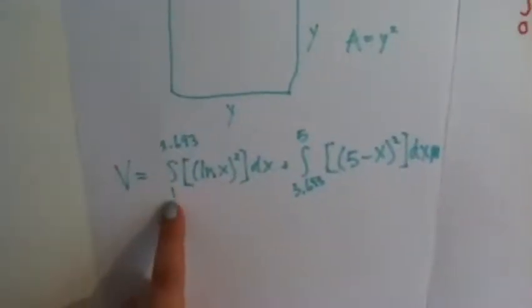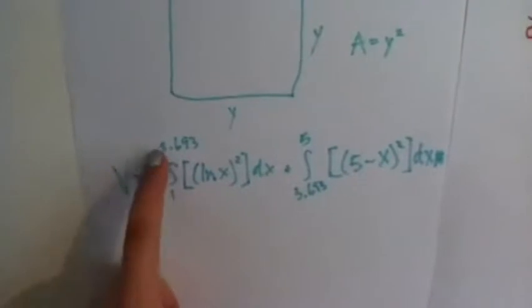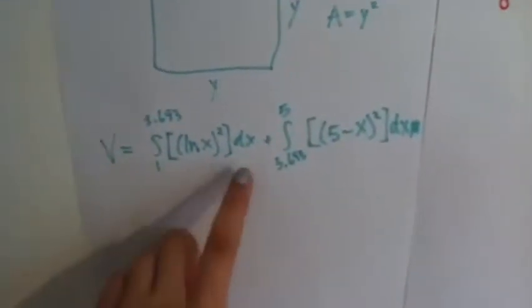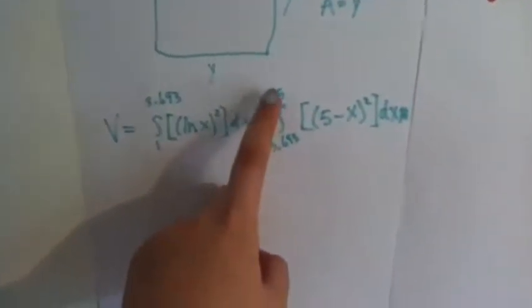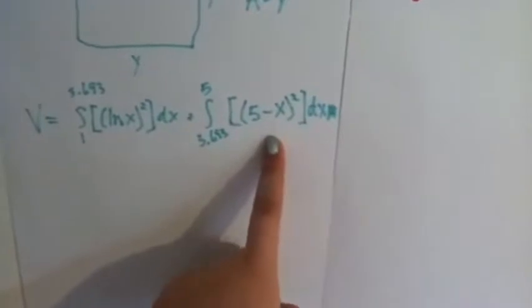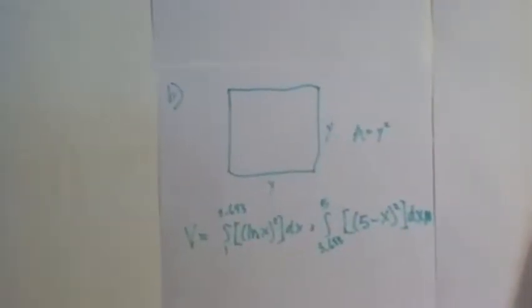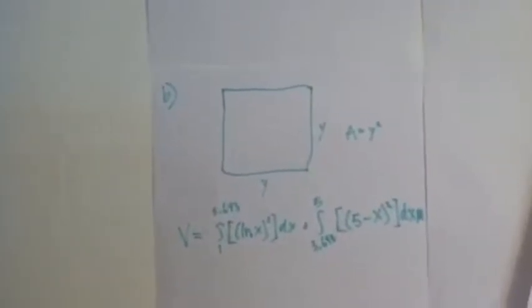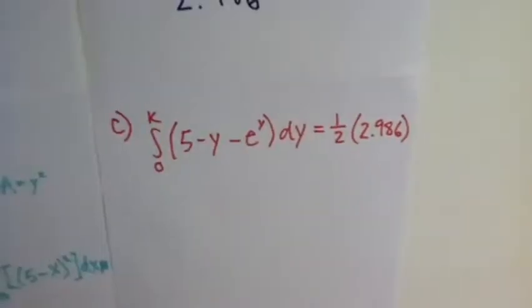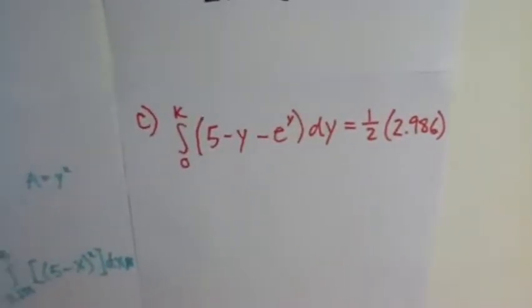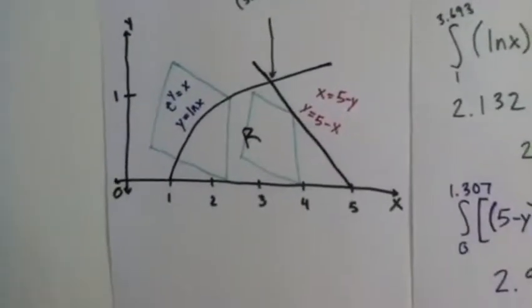So we're taking the integral from 1 to 3.693 of ln x squared dx plus the integral of 3.693 to 5 of 5 minus x squared with respect to x. And because that question said just to write the expressions and we don't have to evaluate, this is all you need for part B.